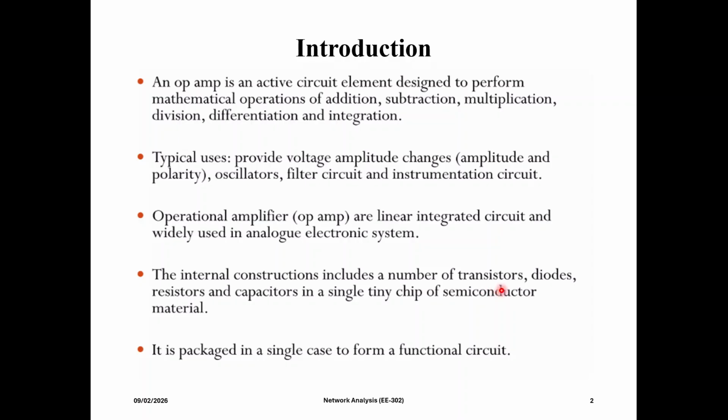Transistors are used for amplification, diodes for protection and biasing, resistors for setting gain, and capacitors for filtering or for stability purposes. All these components are fabricated on a single piece of silicon. It is packaged in a single case to form a functional circuit.